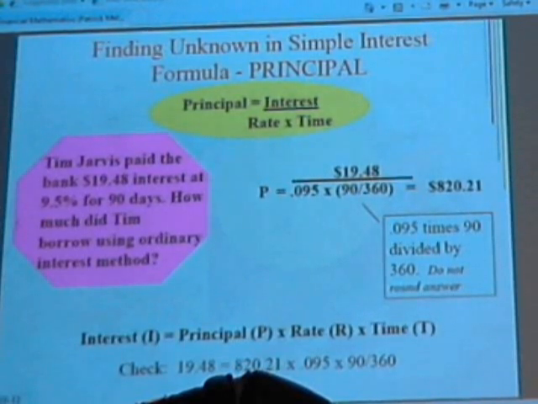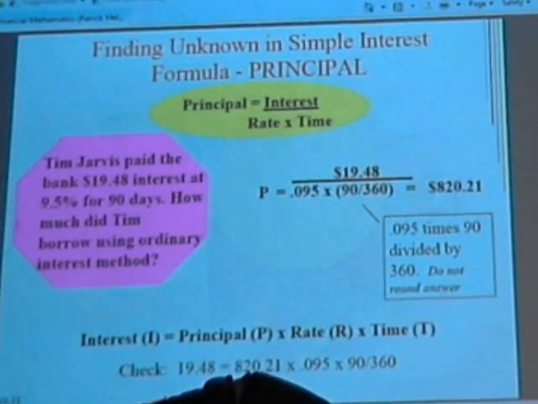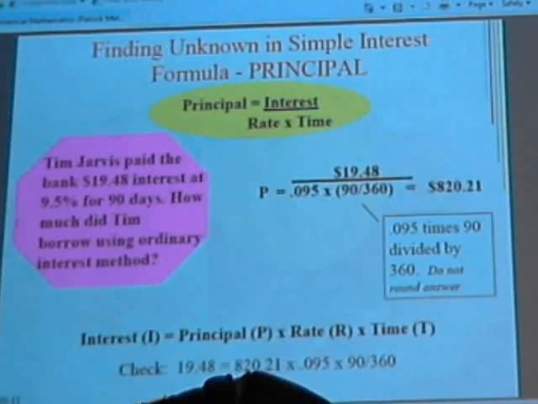You probably just made a technical error. Get 0.095. No, I didn't get it. What am I doing wrong? Let's check. Everybody got it? No? Okay, 19.48 divided by, what are we doing wrong there?